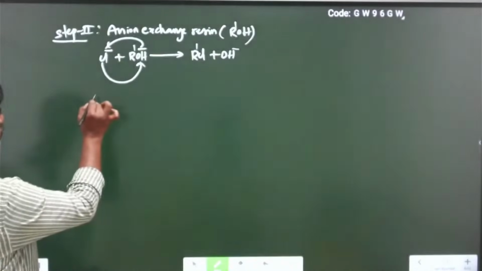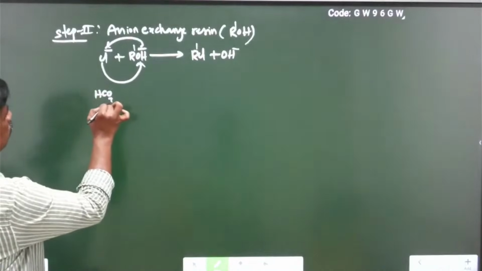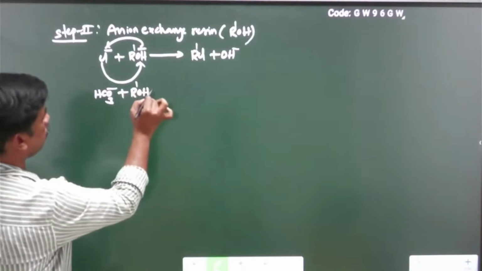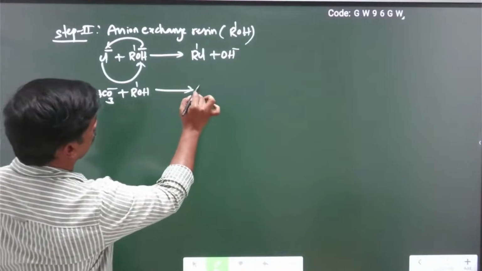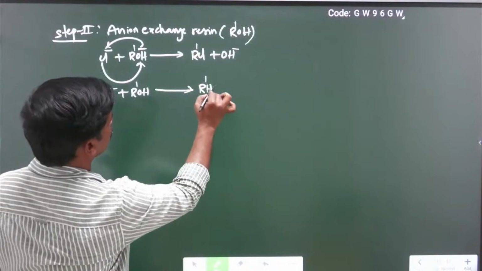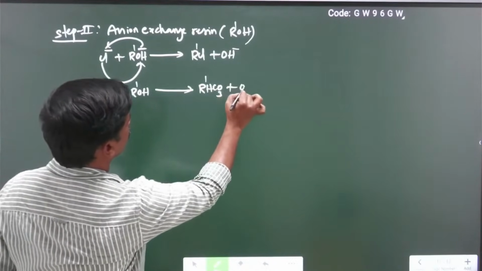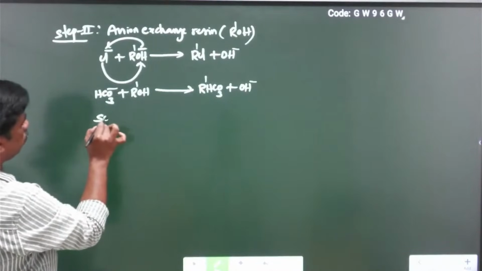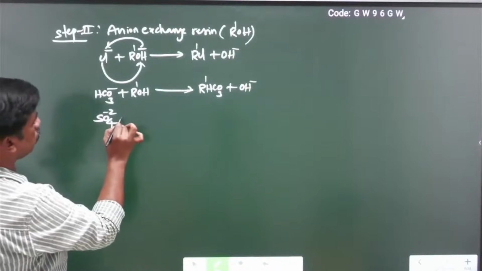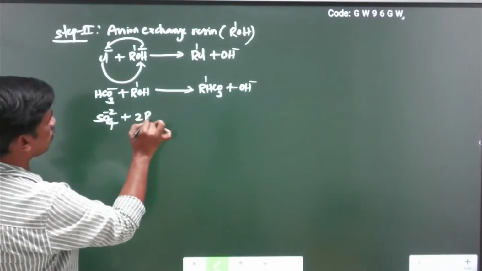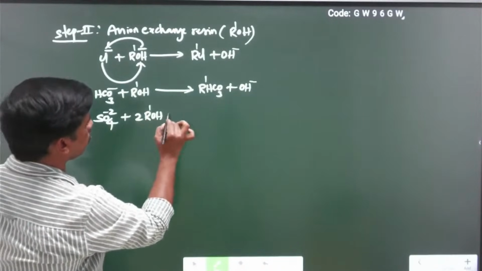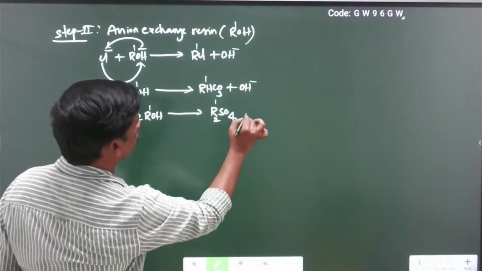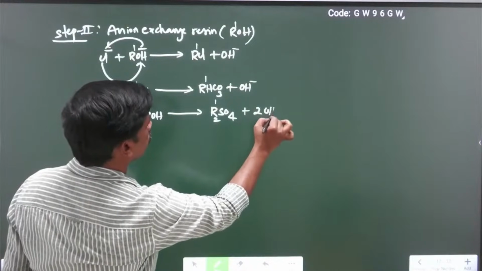Similarly, for example, HCO3 bicarbonate anion is present, which combines with R-OH to form R-HCO3 and OH minus. In the same manner, if SO4 2 minus is present, it reacts with 2 moles of R-OH to form R2SO4 and the remaining 2 OH minus.